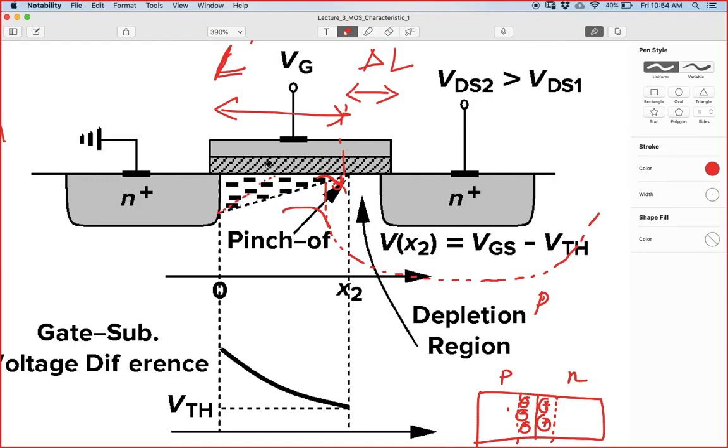So when this channel is formed, we should understand that although it is not shown here, simultaneously a depletion layer is also getting formed. Whenever I am increasing this potential, the reverse bias is also getting increased, because of which the PN junction depletion layer formation is also becoming higher and higher.